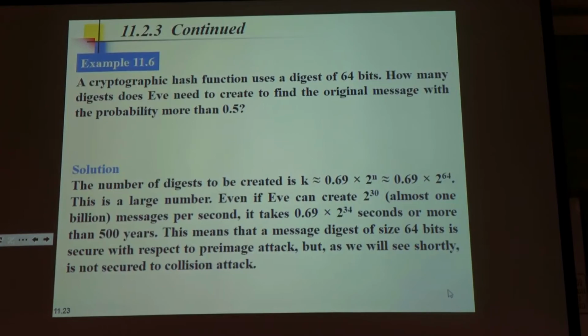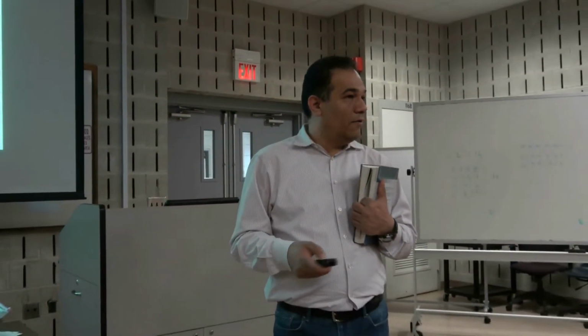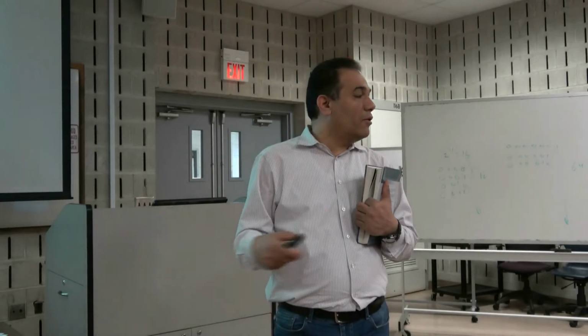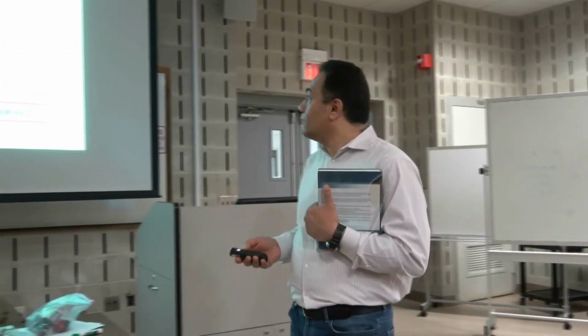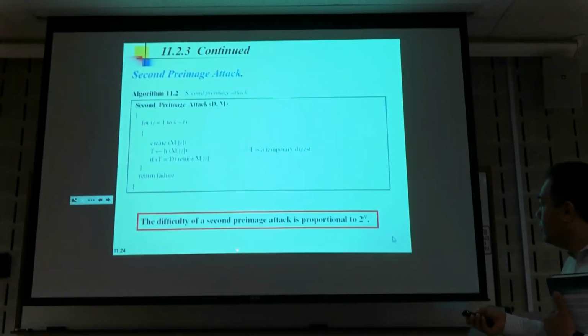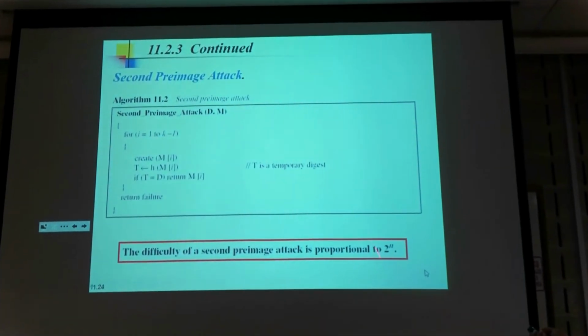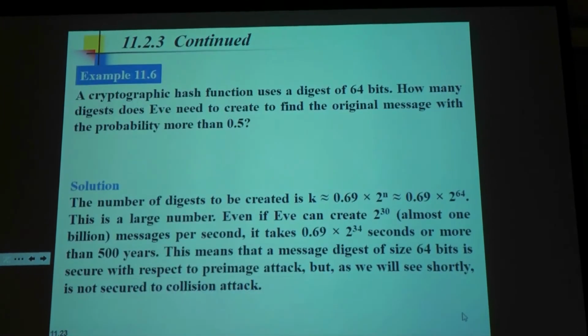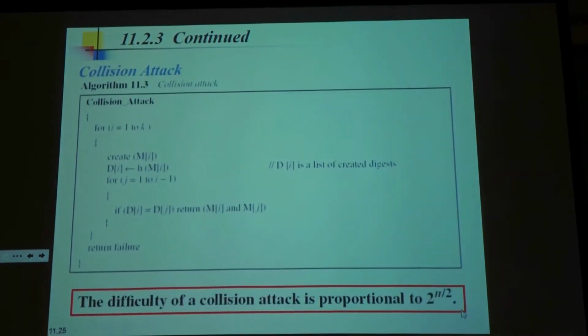Still, by the way, a hash with 64-bit is very weak. I mean, the minimum nowadays is 512. All right? So for the second pre-image attack, the difficulty is also 2 to the power n. So if I apply the same thing, it will take that long.